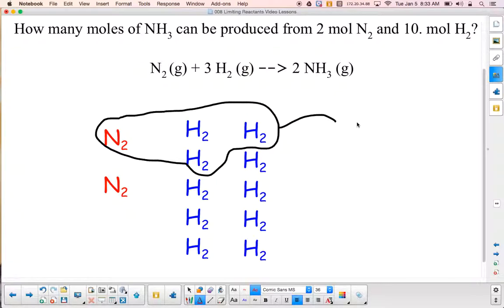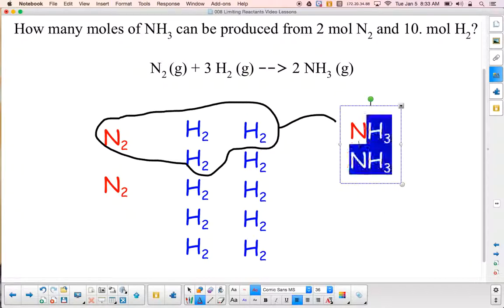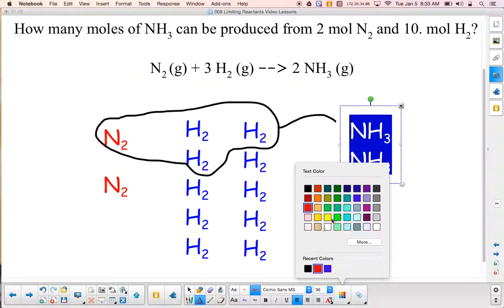So over here, at the end of our lasso, I'm going to have 2 NH3s. And let's make those green.